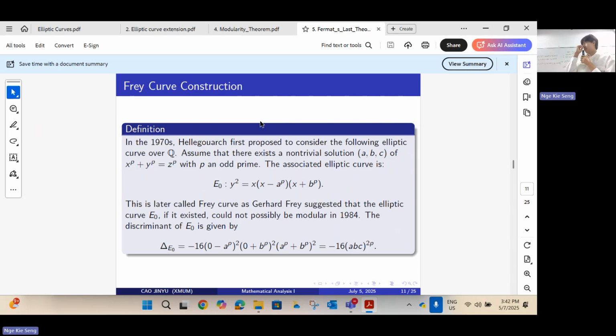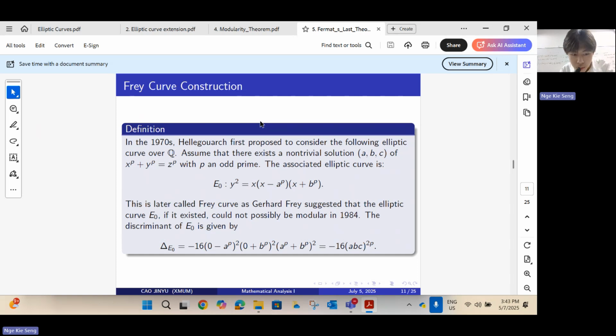Then let's define the Frey curve. For the Frey curve, we have two different ways to define it, but actually they are equivalent. One is shown in the PPT, and the other one is you can just substitute a to the power p and b to the power p by minus a to the power p and minus b to the power p.